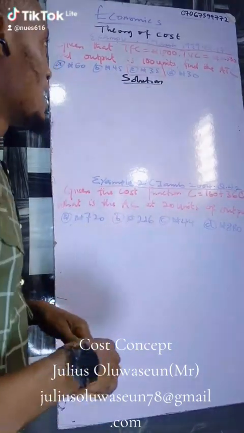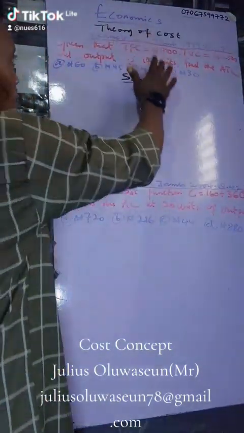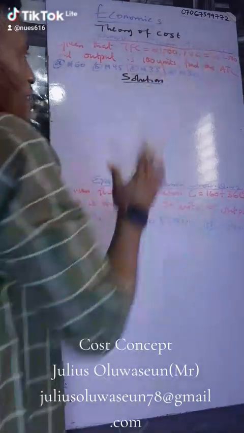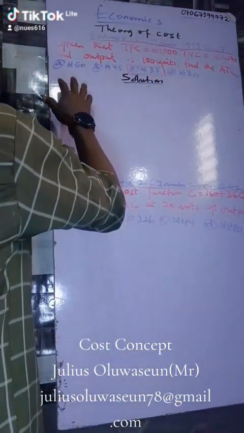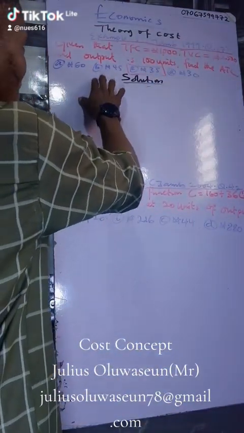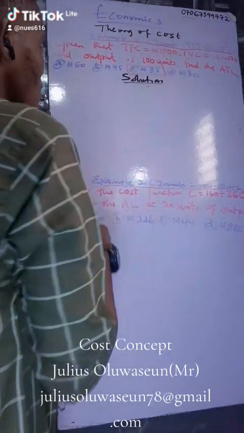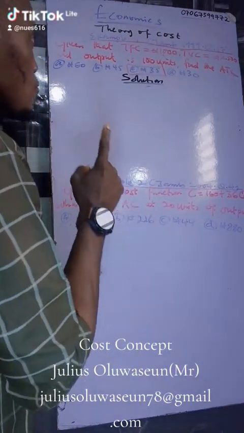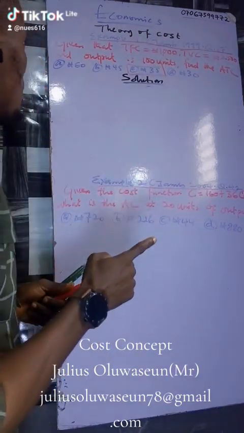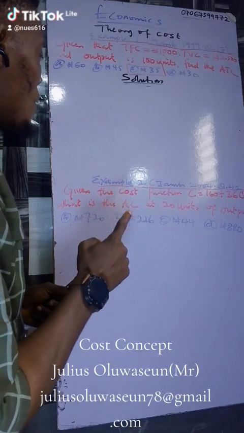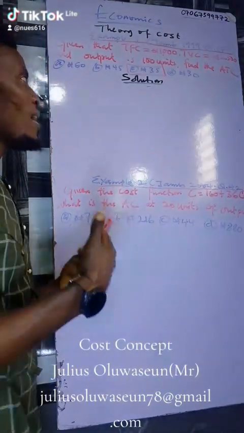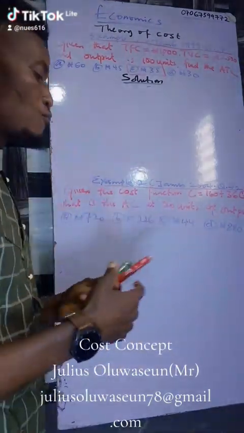For example 1, we are given that total fixed cost is 1,000 naira, total variable cost is 2,500 naira, and output is 100 units. We are asked to find the average total cost.